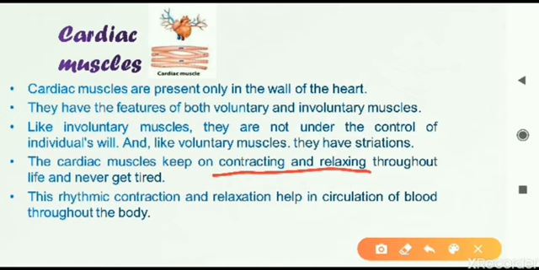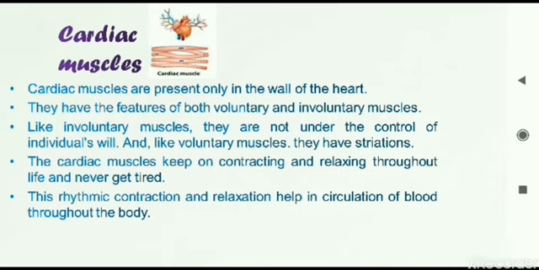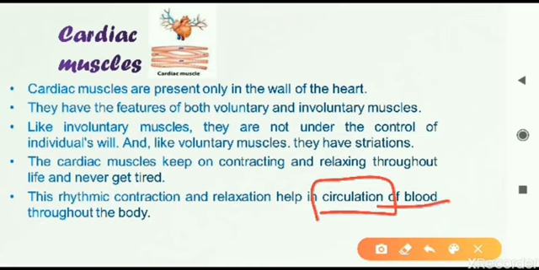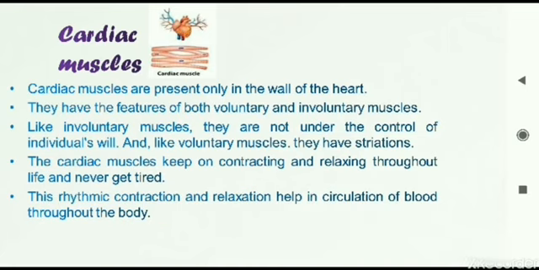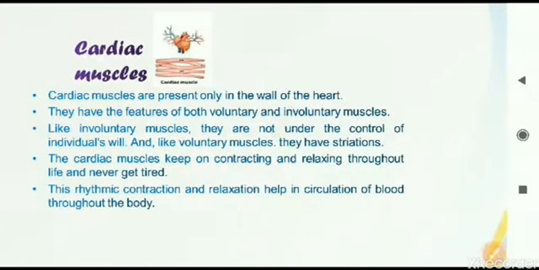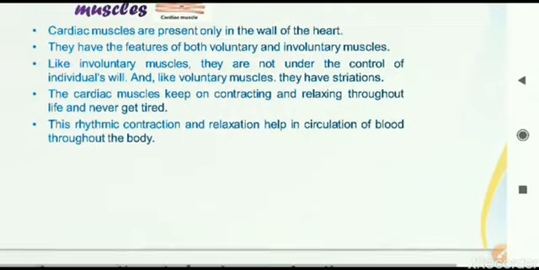Until the person dies, the heart is regularly working without tiring. If the heart stops working, the person is dead. So cardiac muscles never stop working until the person dies. The heart helps in circulation of the blood throughout the body. That is the main important function of the cardiac muscle. They help in pumping and circulating the blood all over our body.